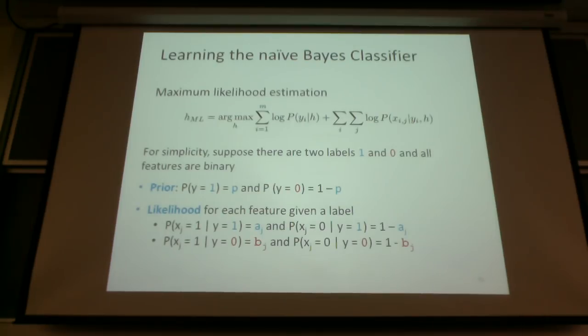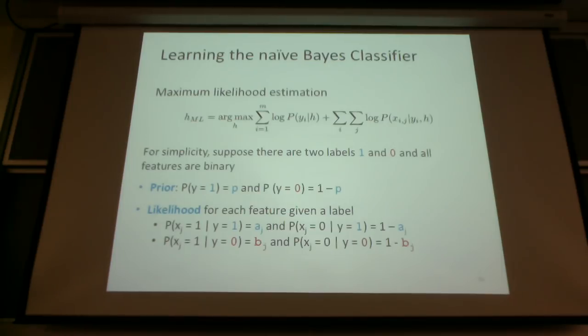When the class is false, we have a completely different set of parameters, because these are two separate probabilities that we have. This is like in the table we had the top part of the table when playing tennis was yes, the bottom part when playing tennis was no. When the value of y is 0, the probability of xj equals 1, let's say that's bj.